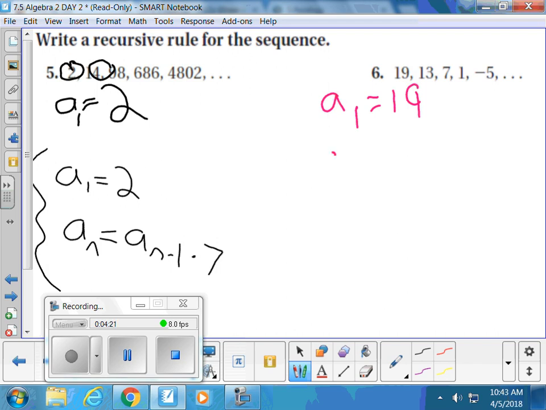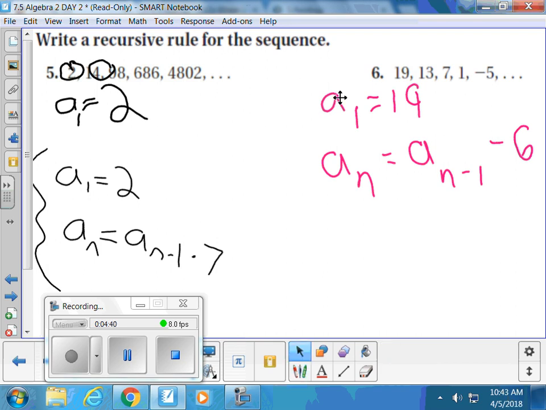So then we go A of n equals A n minus 1 minus 6. That's it. Any questions, class, or viewers?